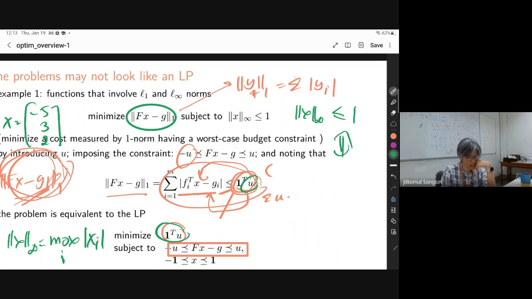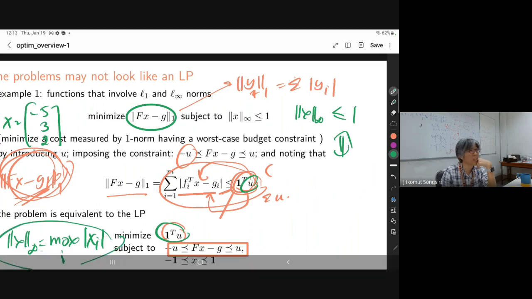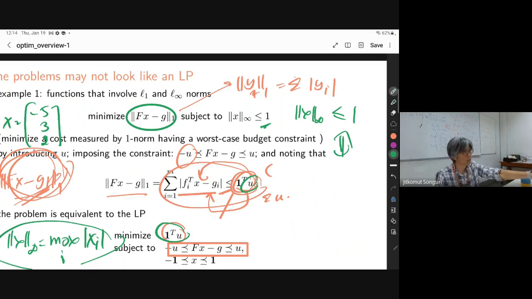Because of this definition, if the infinity norm is less than 1, the largest magnitude is less than 1, so all the entries must be less than 1. It is equivalent.